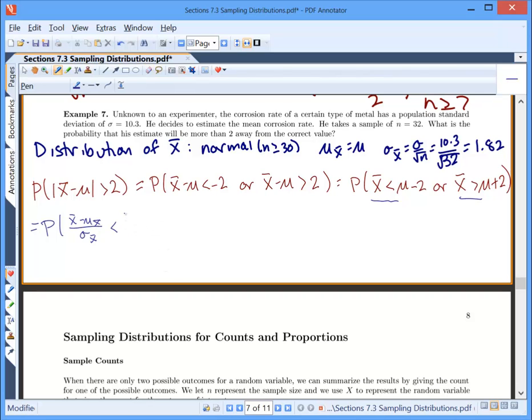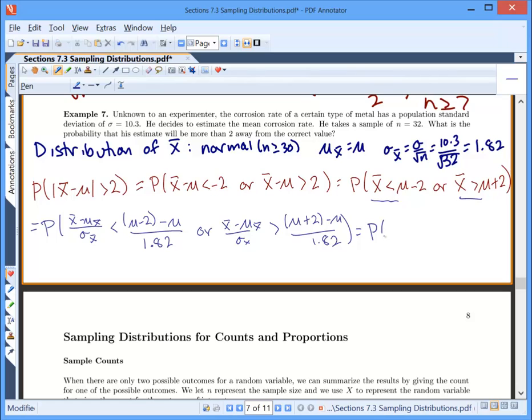So the x bar value at the moment, I'm looking for the probability that it's less than mu minus 2. So it's mu minus 2, that quantity, minus the mean of x bar, which is mu, divided by the standard deviation of x bar, which at the moment is 1.82. Okay, or x bar minus mu over sigma of x bar is greater than, it's going to be mu plus 2 minus mu over 1.82.